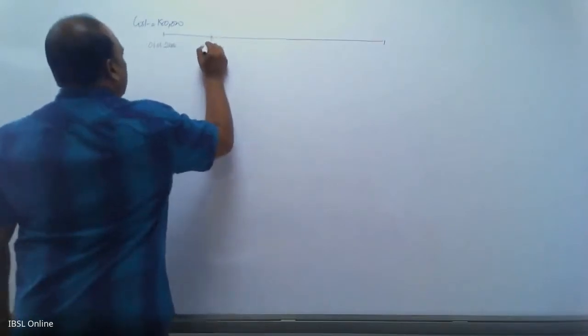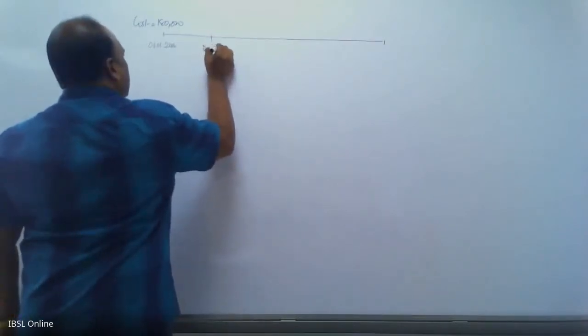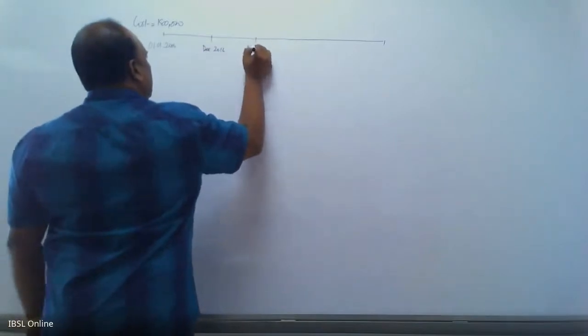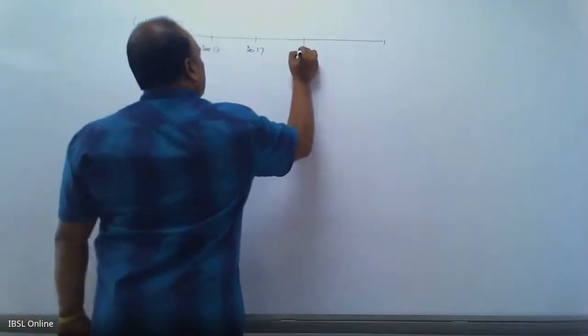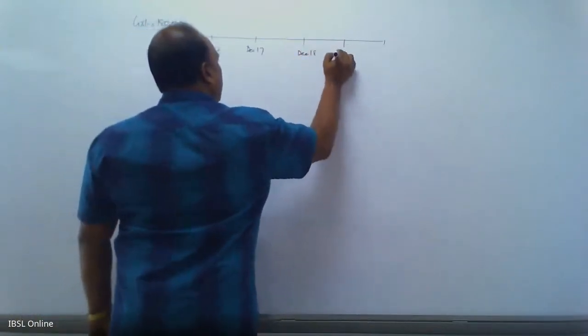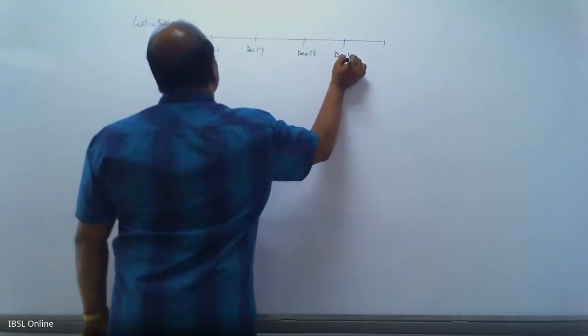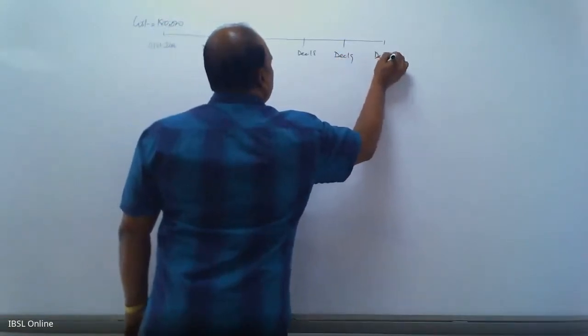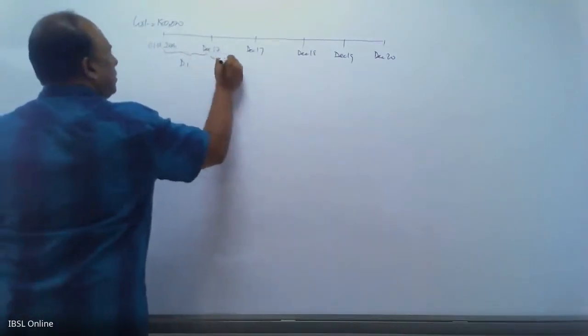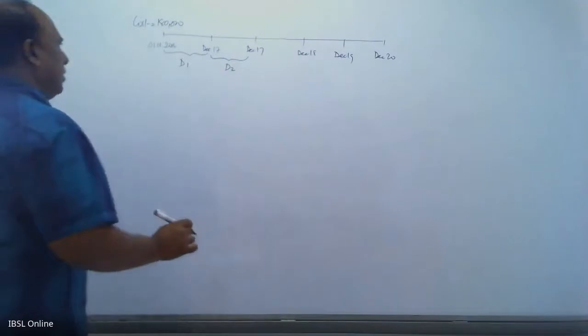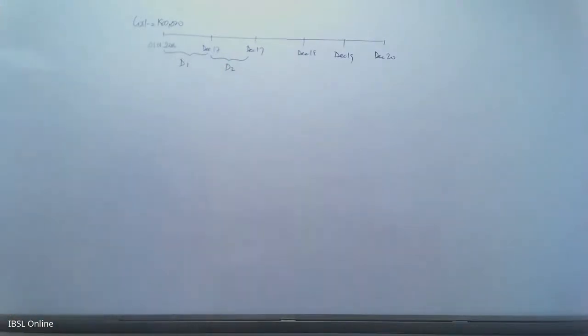So basically my first year is December 2016, December 2017, December 2018, December 2019, December 2020. But our focus area is this is 1, this is 2. The rest is not of concern for us. Okay, D1 and D2. So now the problem is we have to apply the sum of digits method.